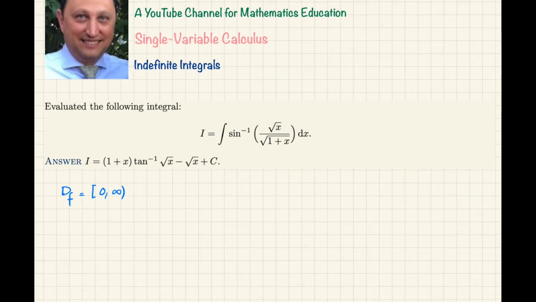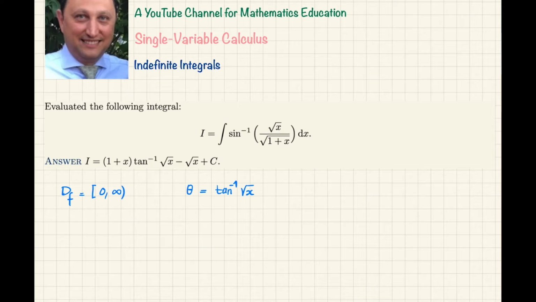Now, after a few trials and errors, I was able to find an appropriate change of variables. Let theta be equal to tangent inverse of the square root of x.